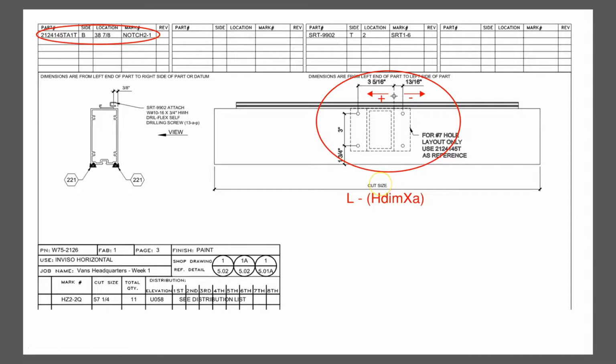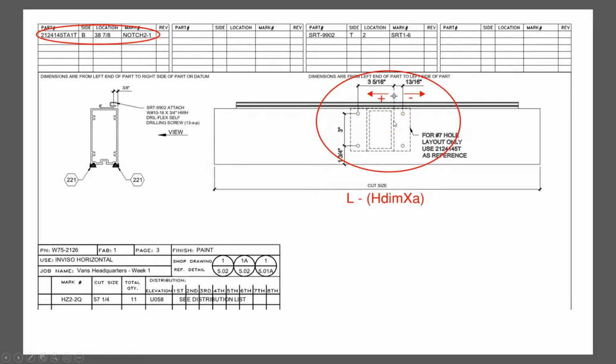So, for our first HDIM-XA, we have minus 13/16. Now, for our HDIM-X, we have glass pocket to the hole. So, our glass pocket is right here. We have 1 3/4 plus 3 inches. So that's 4 3/4.